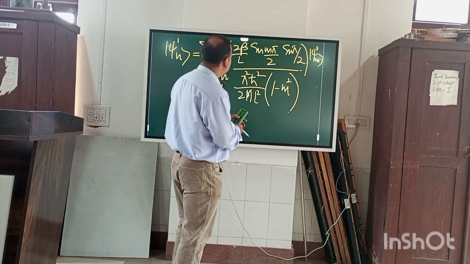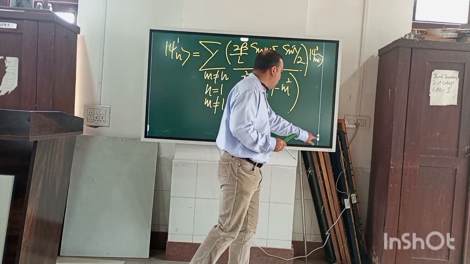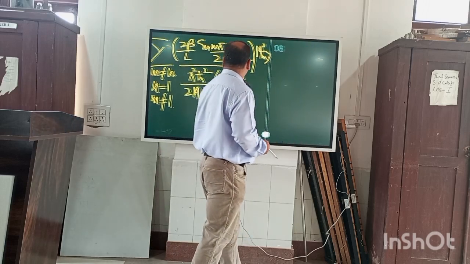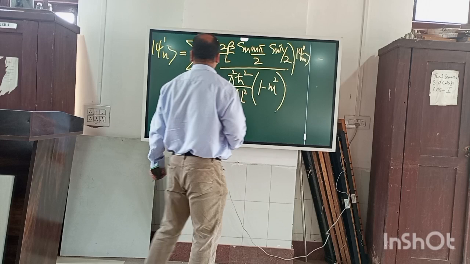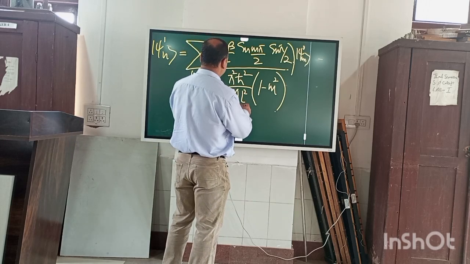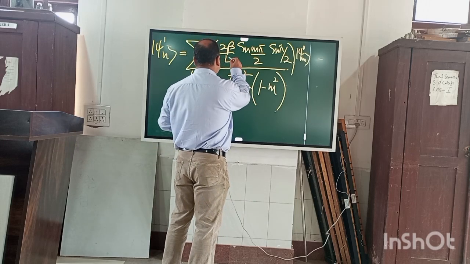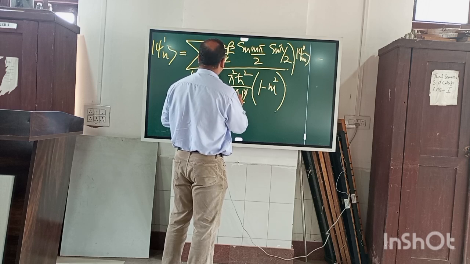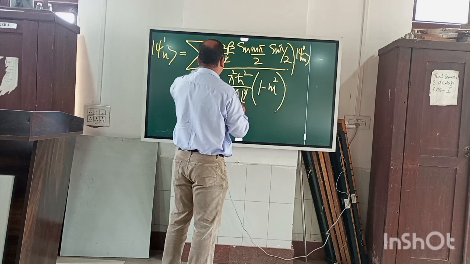So let's simplify it a little bit more to write it in some chronological fashion. The 2ML squared will go up, this L squared will cancel, and this 2 will go up, so this will make it 4.